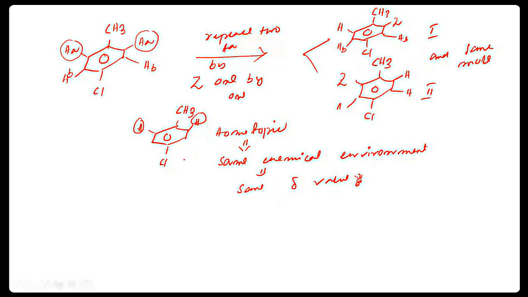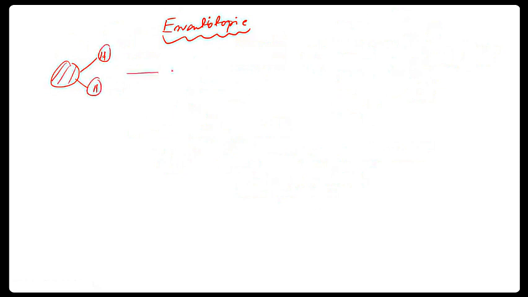Now we'll say the concept of enantiotopic. So for enantiotopic, the same thing. If you have two molecules, let's say we have been told about two protons. Think about these as the molecular entity, and I have two protons. Then replace by Z, we'll get two things.